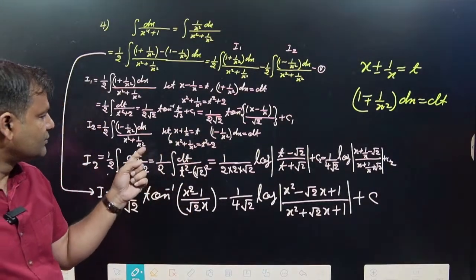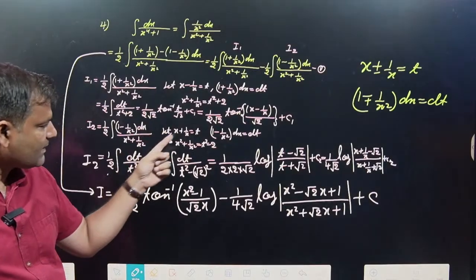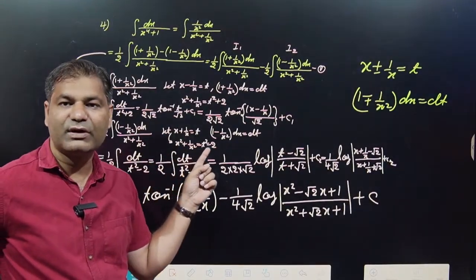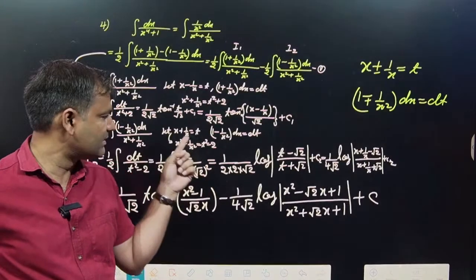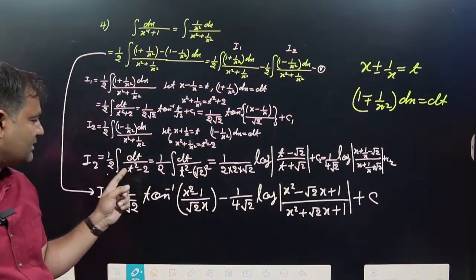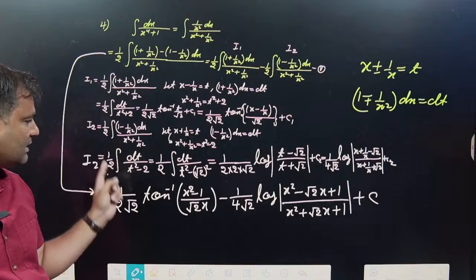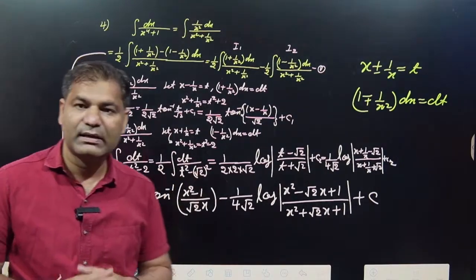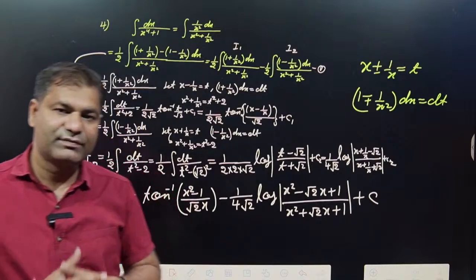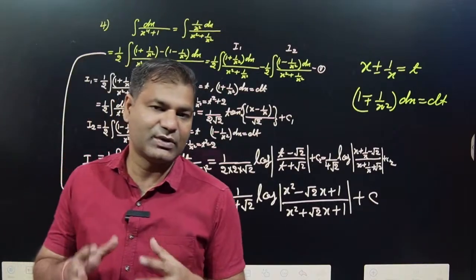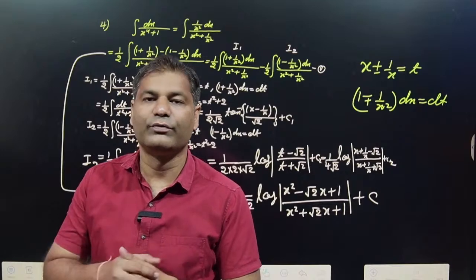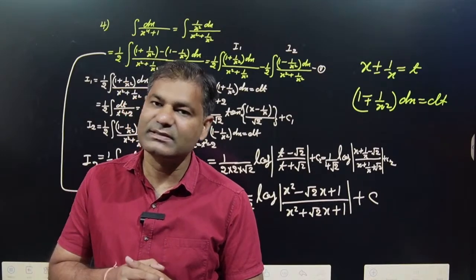So after that, squaring both sides, we get x square plus 1 upon x square equal to t square minus 2. This one is replaced by that one, and here we apply the formula: dt divided by t square minus root 2 whole square. I know that the integration of dx divided by x square minus a square is 1 upon 2a into log of x minus a upon x plus a.